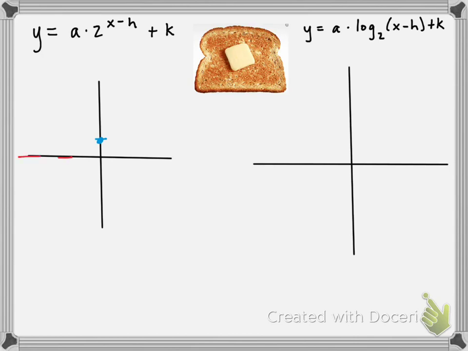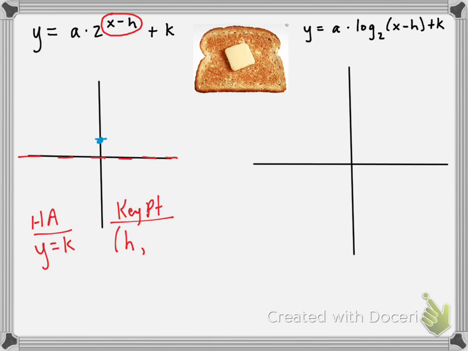We know that the horizontal asymptote is always going to be y equals k, and the key point happens to be, this is kind of a neat thing that we haven't really talked about, if you look at the exponent, if you can make the exponent equal to 0, the x coordinate of the key point would have to be h to make the exponent 0.